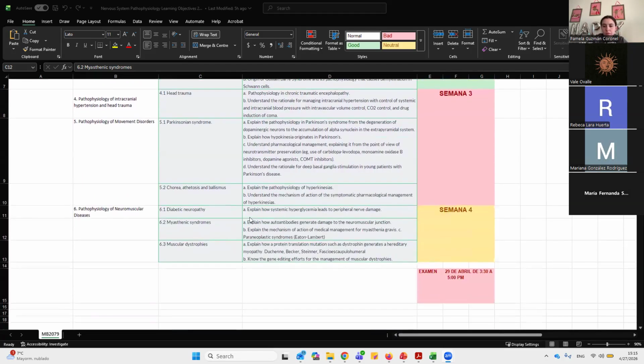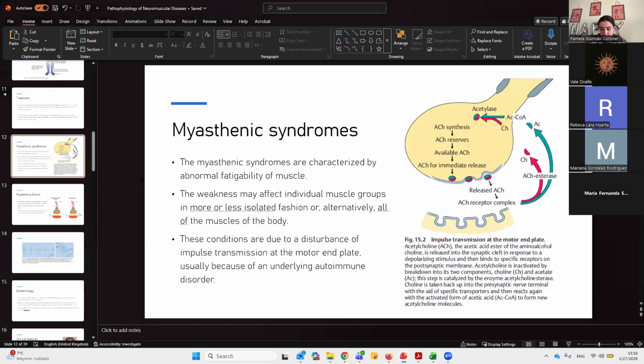For example, here we need to check how antibodies generate damage to the neuromuscular junction for the myasthenic syndromes, explain the mechanism of action of the management of myasthenia gravis or Eaton-Lambert, and explain how protein translation mutations such as dystrophin generate these syndromes, and how to treat them. So that's what we need to answer, and that's what we're going to try to answer now.